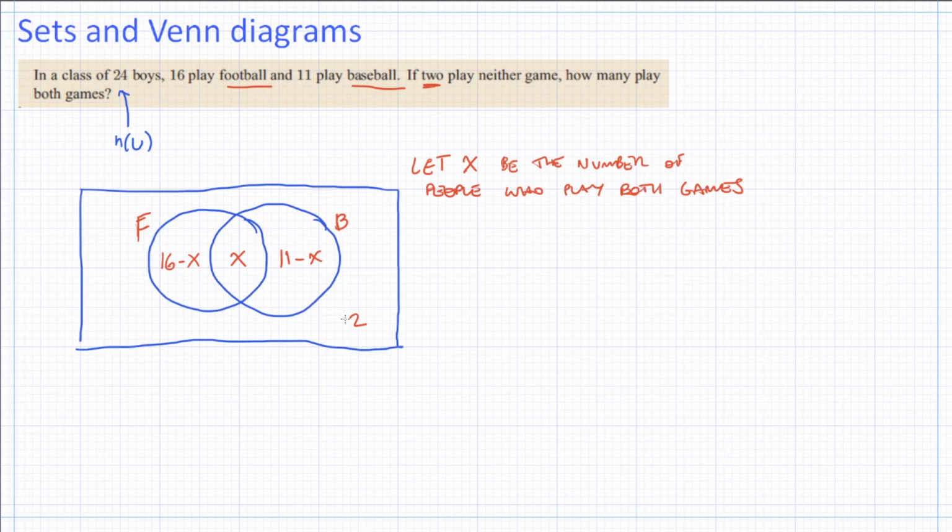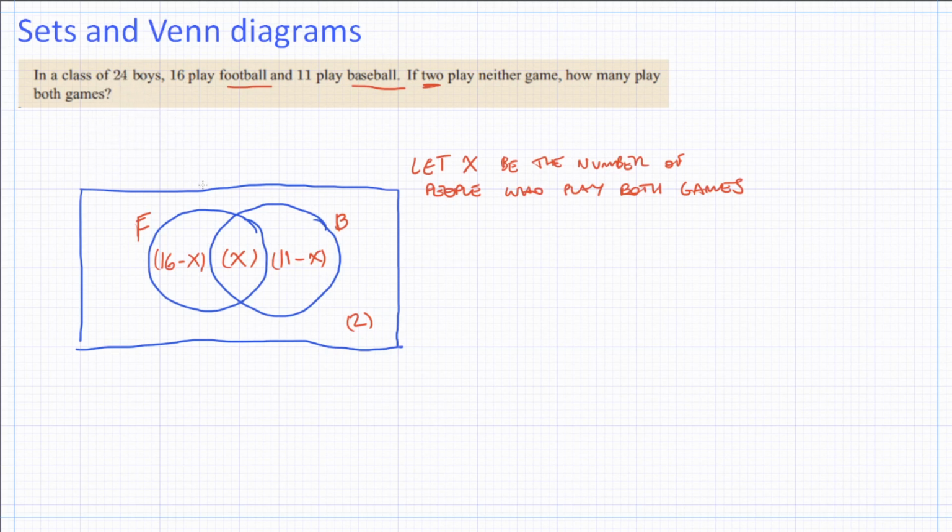Now here, since those are numbers, it's common to put some brackets outside just to show that they represent numbers of people. They are not actual numbers. So when I say here 24 boys, I'm talking about the number of elements in that set. Alright?